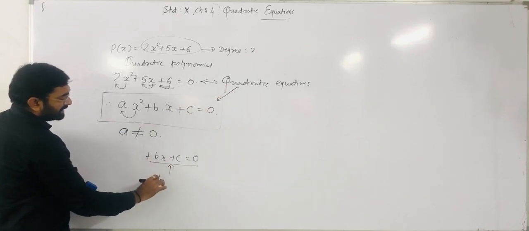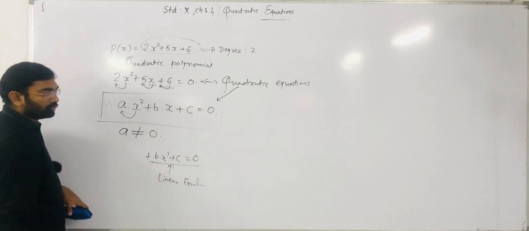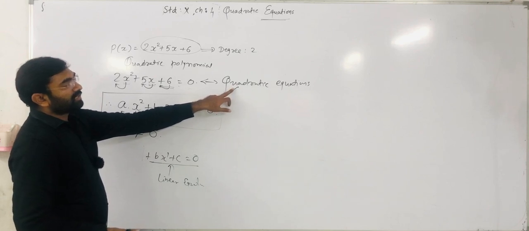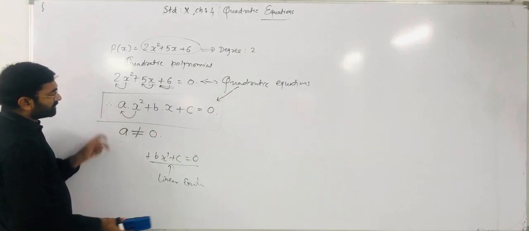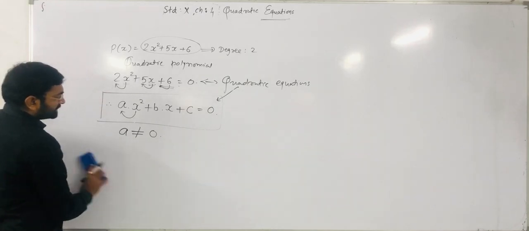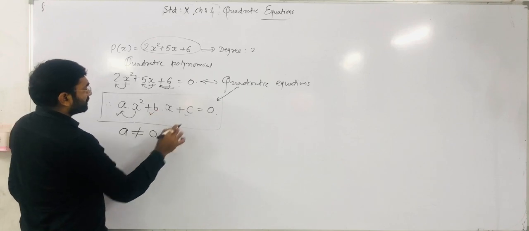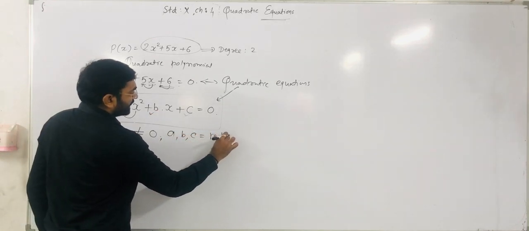It is a linear equation, because that equation's degree is what? x raised to power 1, right? But right now we are talking about the quadratic equation. That's why in a quadratic equation the coefficient of x square we cannot take as 0, and this a, b and c may be any real number.